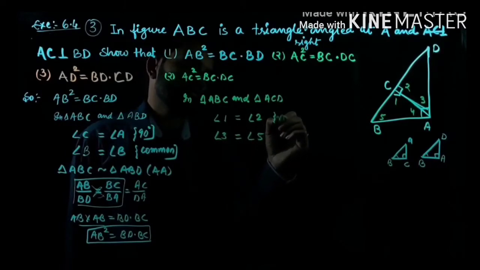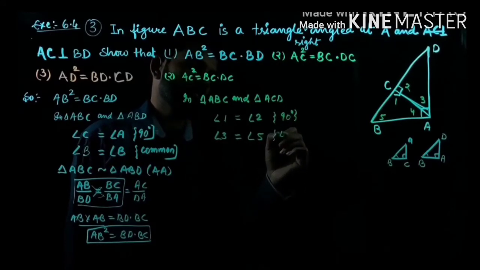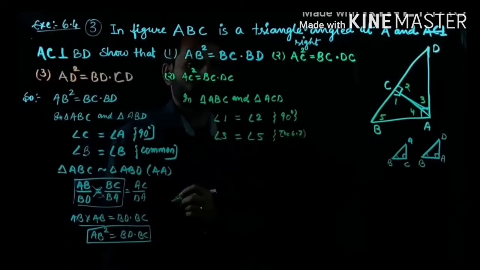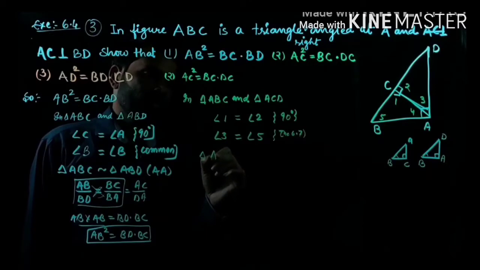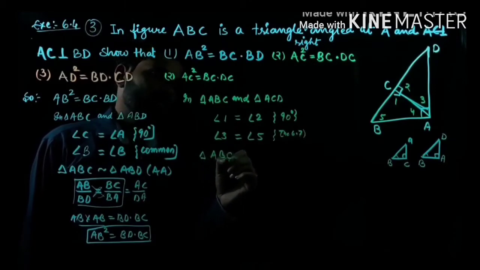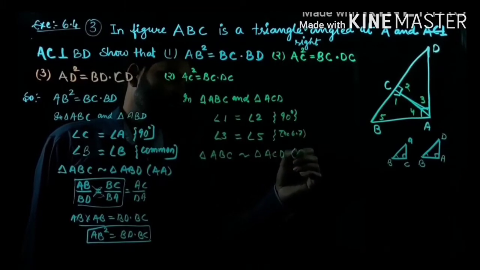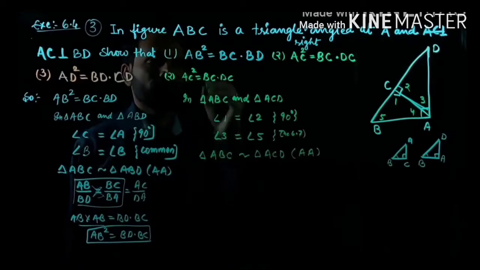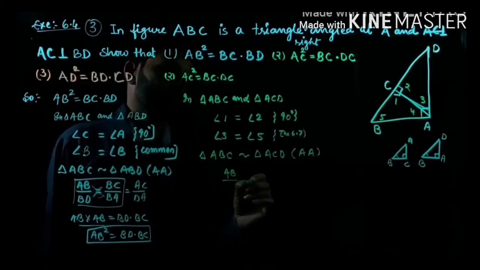It is 90 degrees, and it is theorem 6.7. So this is triangle ABC similar to triangle ACD. Why? By angle similarity.